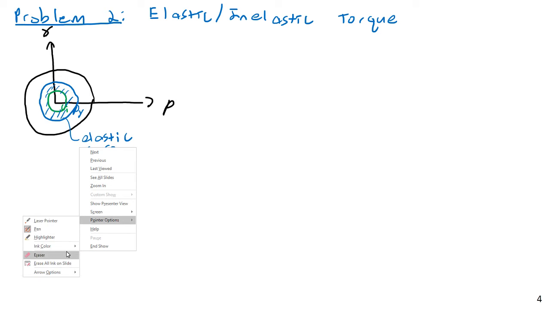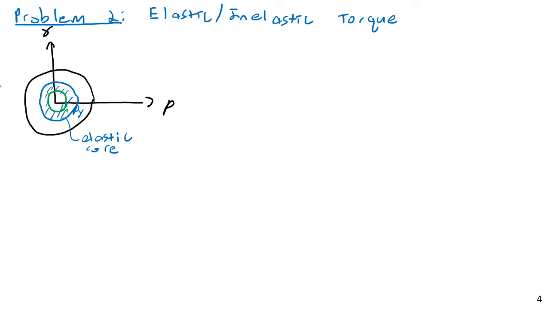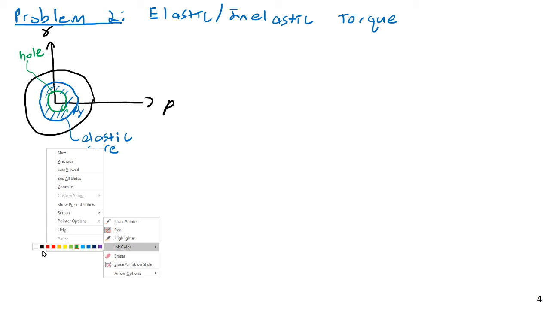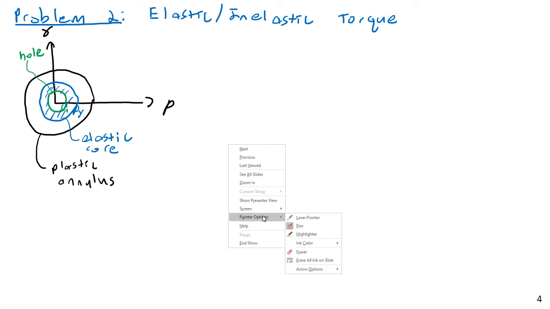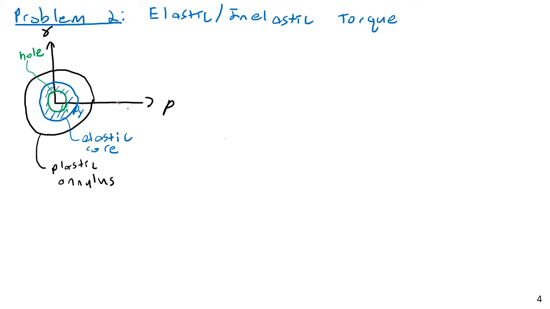The green is the hollow hole. There's nothing there but air or vacuum or fluid or whatever we have in there. And the black is going to be our plastic annulus, or outer ring. And then the strain diagram is actually just going to go like this.